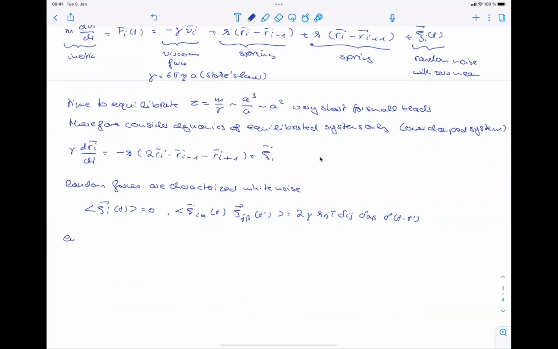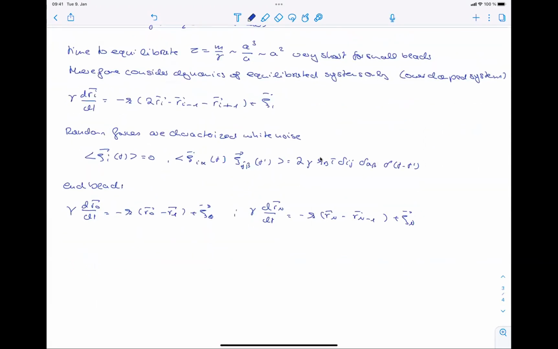So for the end beads, we accordingly find that gamma dR0 dt is minus k R0 minus R1 plus psi 0, sorry. And similarly, gamma dRn dt is minus k Rn minus Rn minus 1 plus psi n.